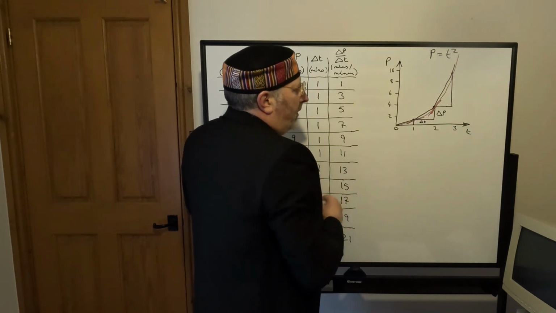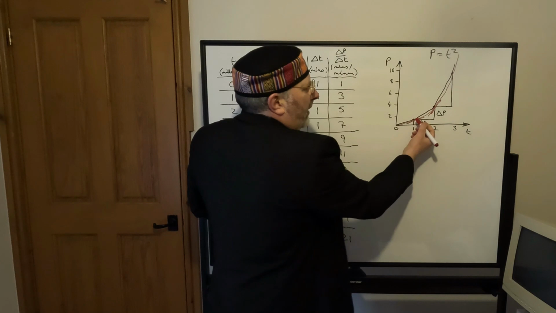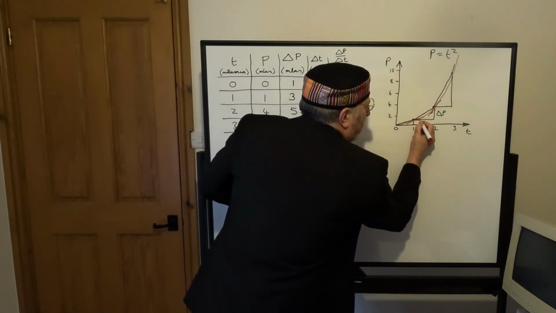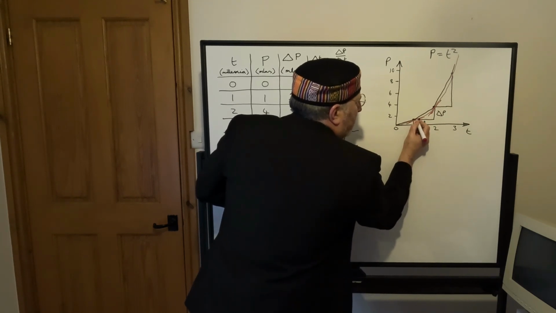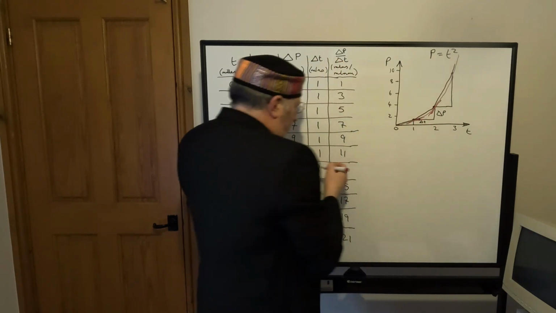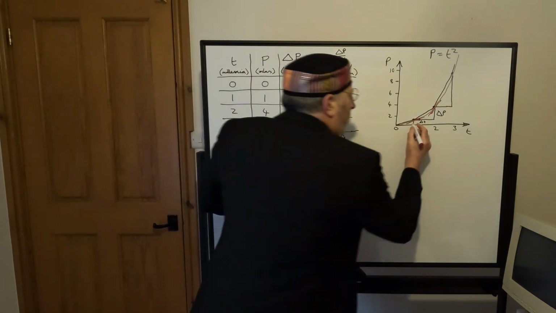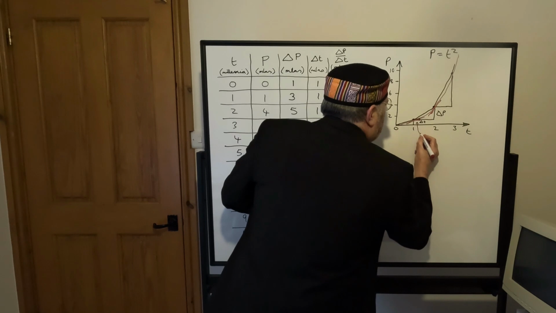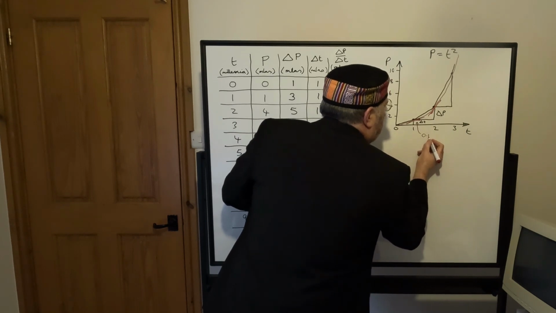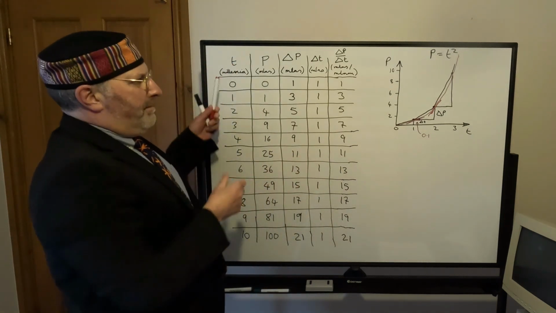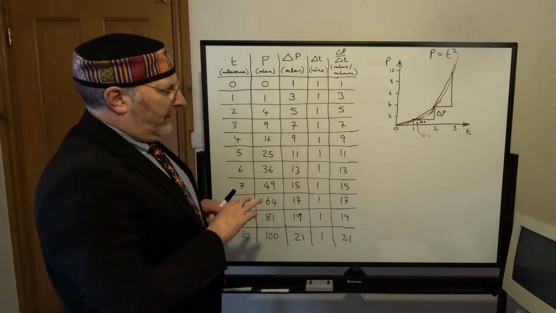If we want to get a better estimate, we should take a smaller time step and just go along a short way, and then we'll be sticking closer to the actual P equals T squared curve. So let's say we'll take a time step, not of 1, but 0.1 millennia, which is in other words 100 years.